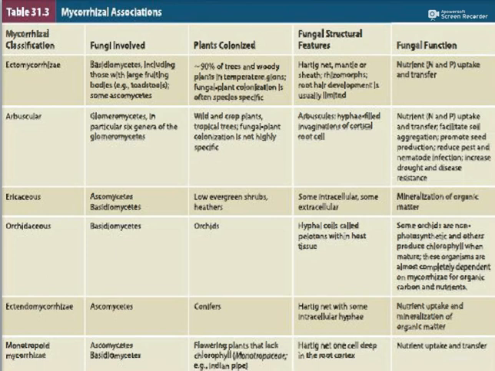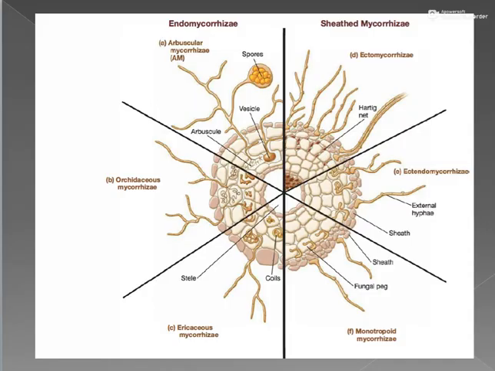Now, what are the differences between all these? This is a pictorial depiction of the different types of mycorrhizae. As I told you, it could be either on the extracellular surface of the root cell, or it might be found inside.